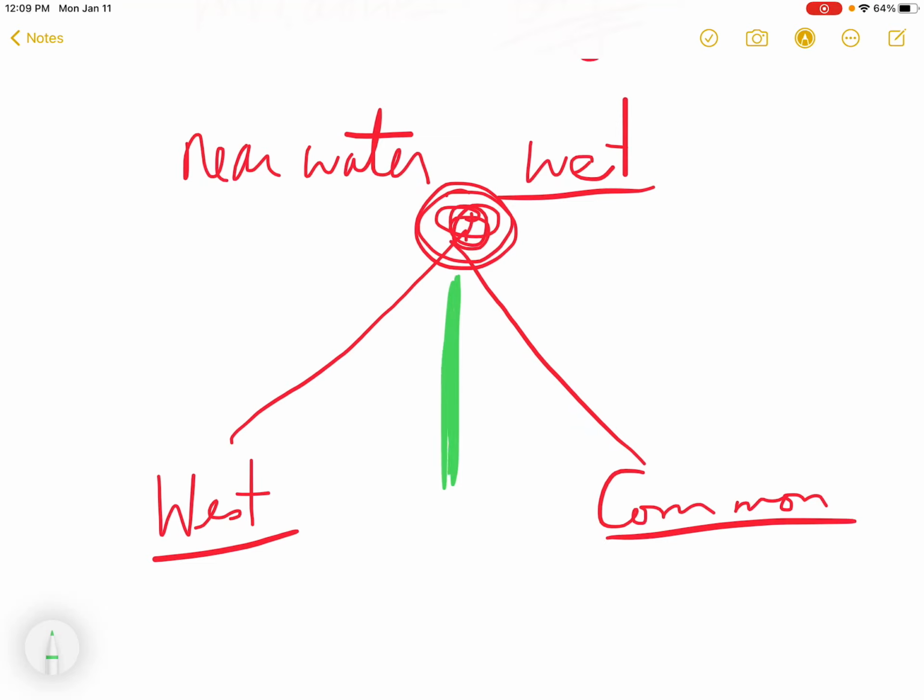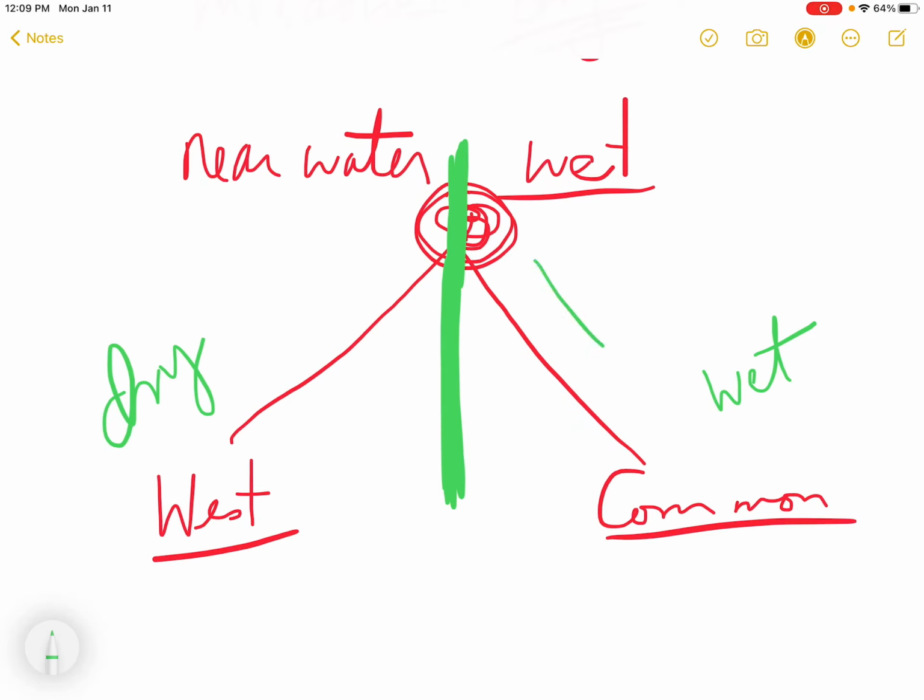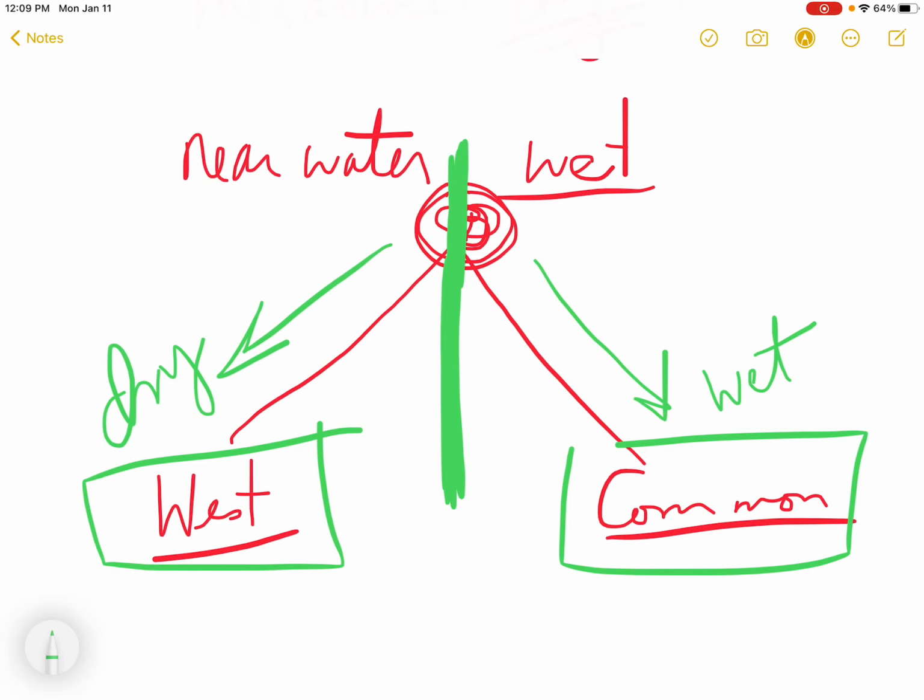Those that moved over into the wet environment and those that were caught in the dry environment would have evolved in a different direction, because now their gene pools are no longer mixing. The gene flow is no longer happening. And these would have evolved in a different way, to the point now where we have two completely different species, but they're still similar.